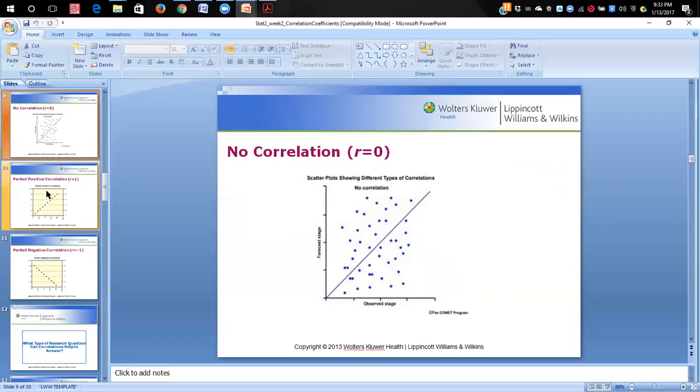The line determines slopes or intercepts, and that's your coefficient. So this is basically your R. And this is a study that did not show any correlation between independent and dependent variable.